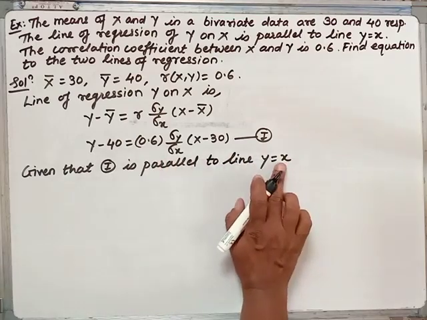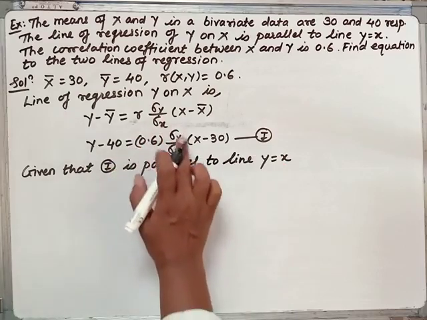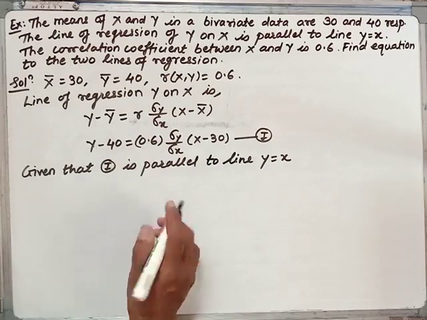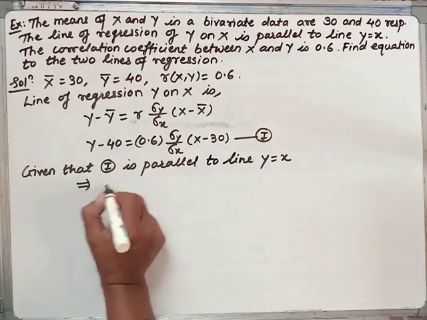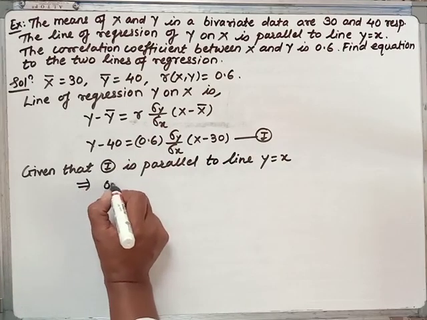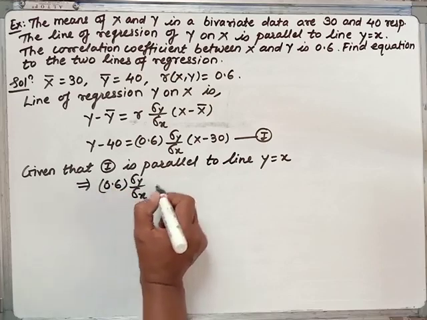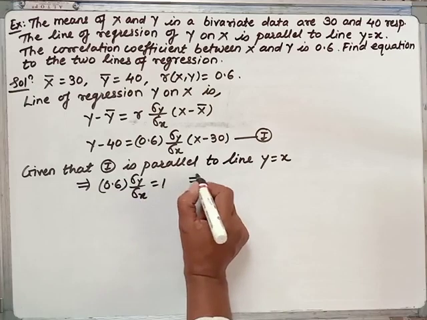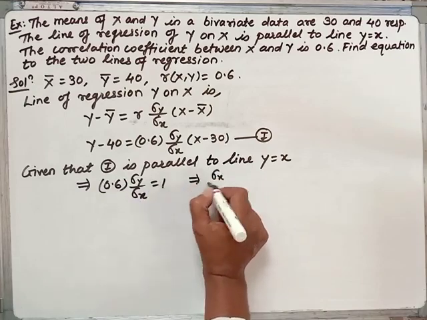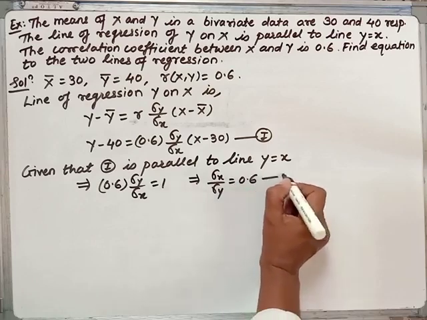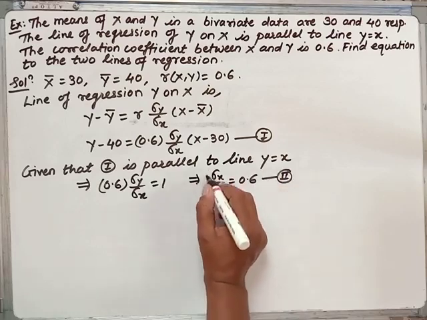Here what is the slope? 1, and here the slope is this 0.6 into sigma y by sigma x. So this implies 0.6 into sigma y by sigma x is 1. That also gives sigma x by sigma y is 0.6. Call it as equation number 2.